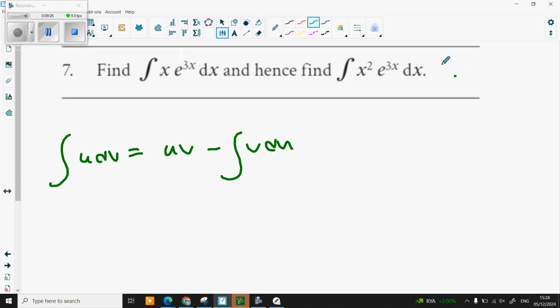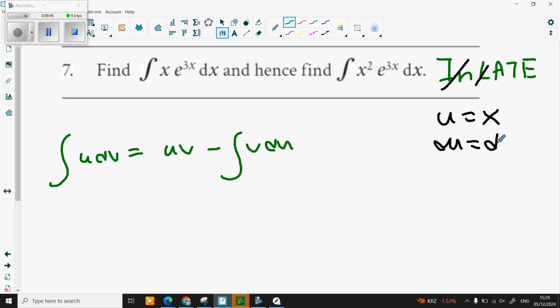What we're going to go for first is integration by parts, and we're going to do a quick check. Is there any inverse trig? Is there any logs? Is there any algebra? If so, what algebra? So we're going to say u is x, and that means du also equals dx. You cool with that?